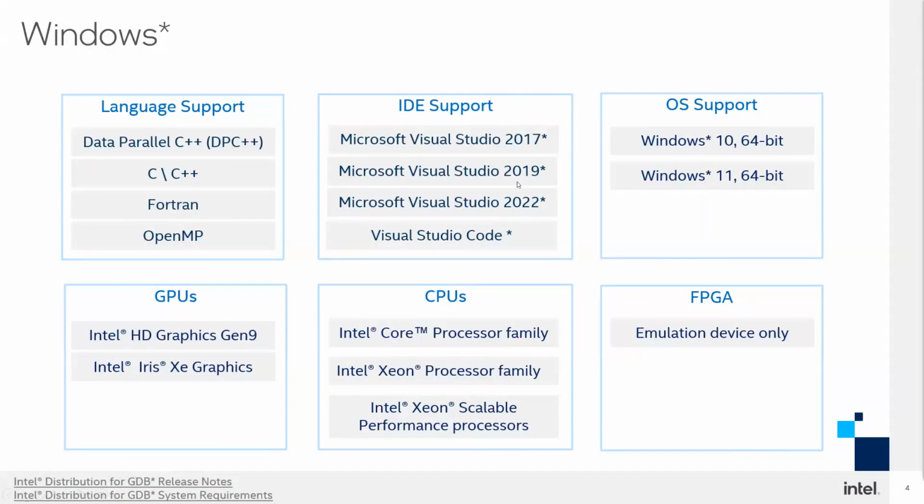I would recommend you to migrate to the latest one. Gen 9 graphics and Iris graphics are supported as GPUs. FPGA is supported as emulation device only, and you see only this list of CPUs.